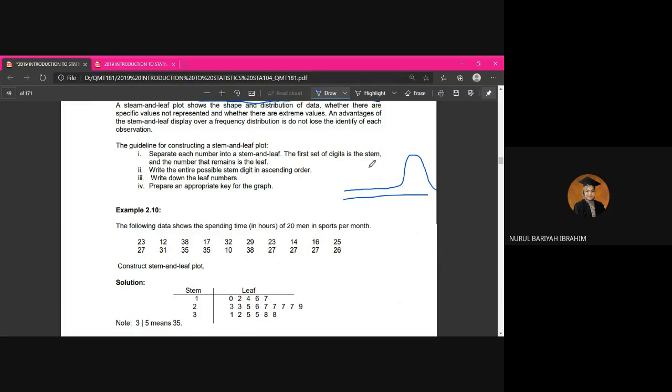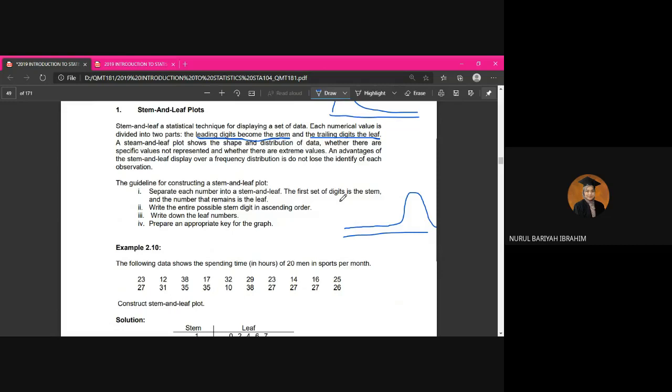So what was the stem? Stem is the leading digits, which is the first digit of the data. And the leaf is the remaining number, also called the trailing digits.